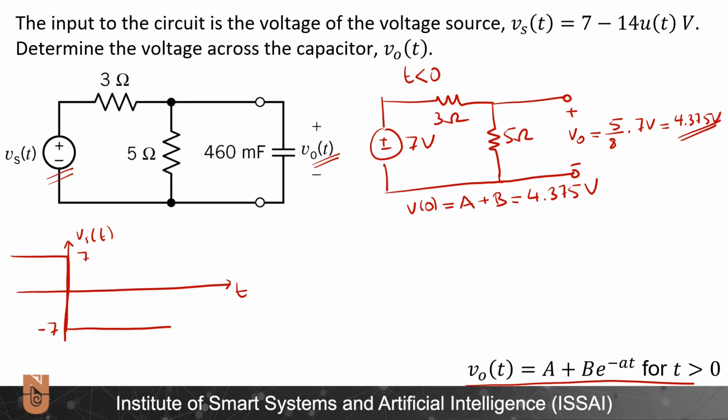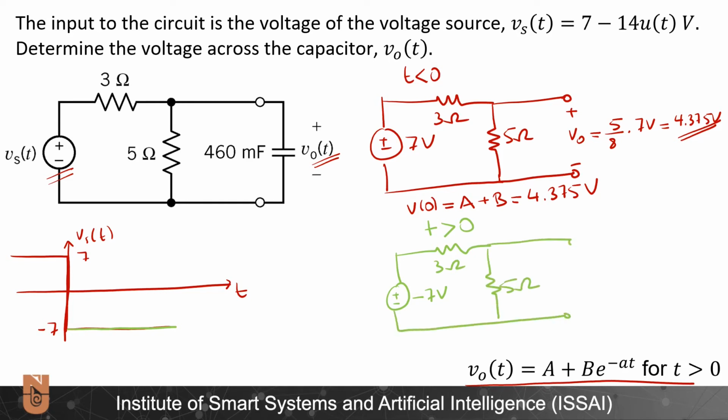And this will be equal to 4.375 volts. Now I need to continue and do this analysis for the second part of the circuit when t is greater than 0. Plus minus, this time I will have minus 7 volts here, and again the same circuit, 3 ohms, 5 ohms, and an open circuit.